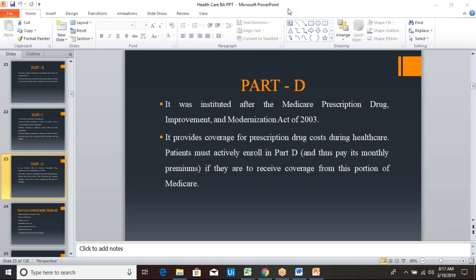My question is, what would be our role in the claim process? As far as the claim process is concerned, your role is to look at how effectively the claim processing is happening and what kind of challenges they are facing. Those challenges you need to identify and provide solutions for.